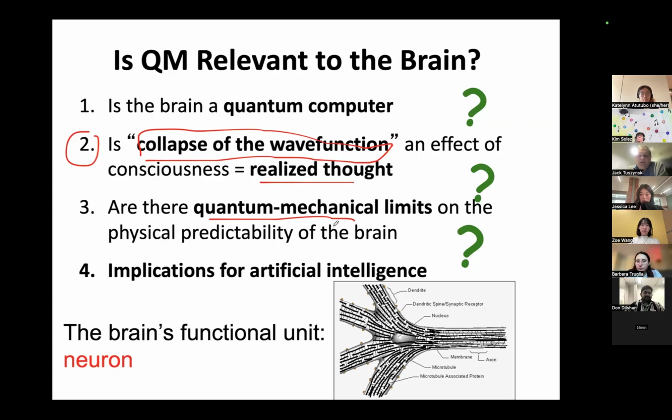But there could be really severe limitations if we are using quantum mechanics in our mental processes, because there's this uncertainty principle and probabilistic approach.